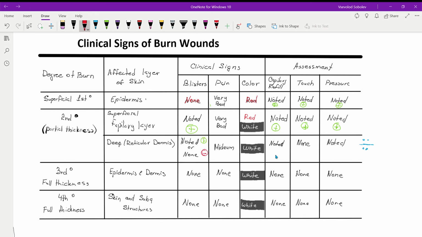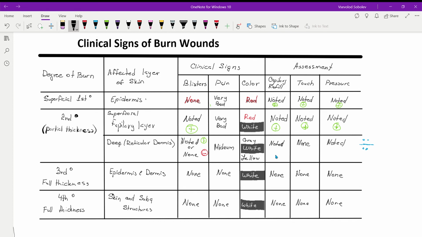The blisters might be noted, might not be, depending on how many blood vessels are left. Pain, medium, more nerves were damaged, and it's possible that they will feel something, maybe not. Color, I wrote white, but it could already be grayish, yellowish. Gray, yellow.